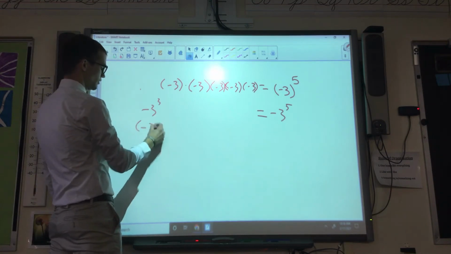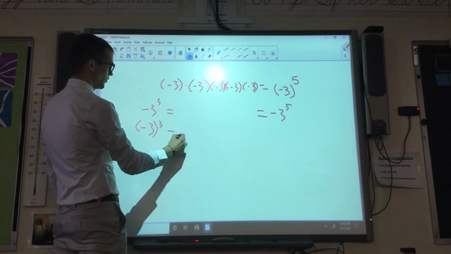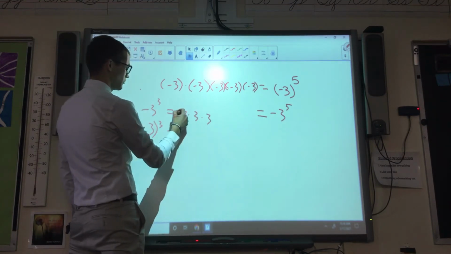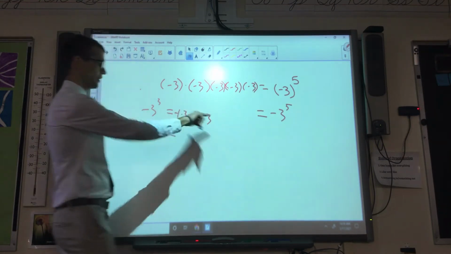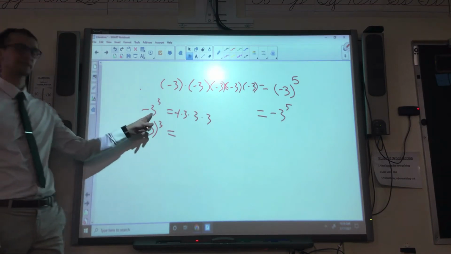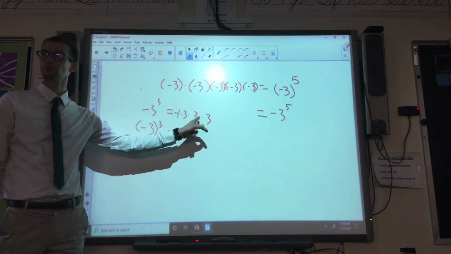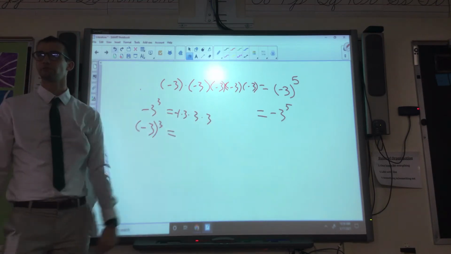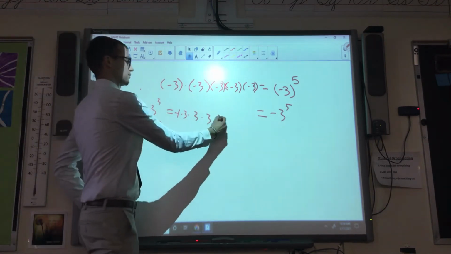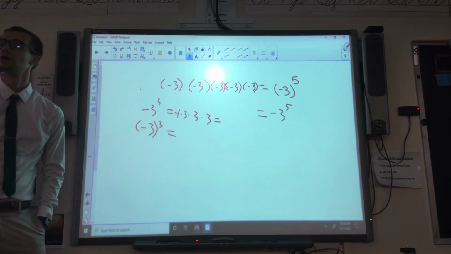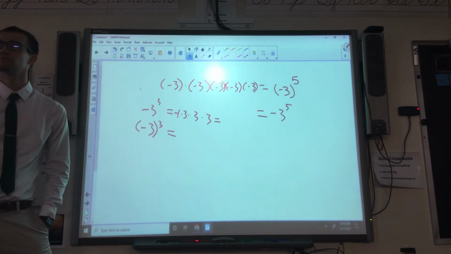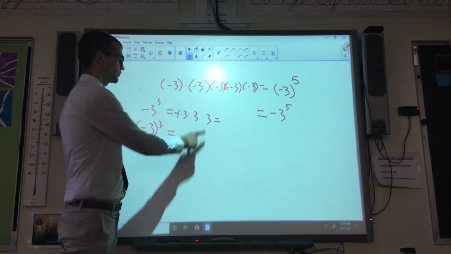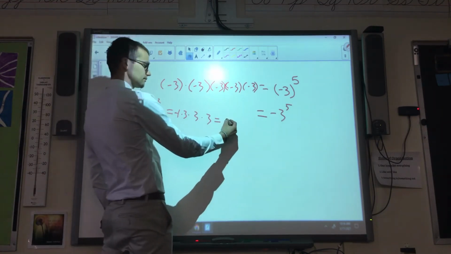This is 3 times 3 times 3, and it's actually negative 1 times that, because exponents come first. What's 3 times 3 times 3? 3 times 3 is 9. 9 times 3 is 27. 27 times negative 1 is?